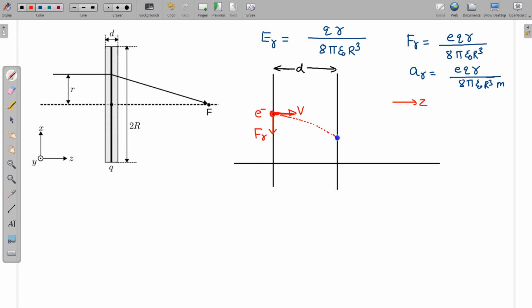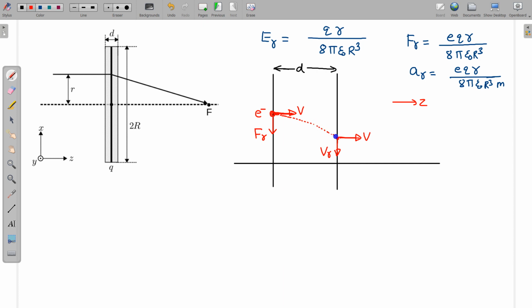So when the electron is just about to exit this active region, what is the deflection caused by this active region? This velocity will remain as it is. There is no force in this direction, the only force is along the radial direction. So it will gain some Vr, and the distance of this electron from the center is changing.